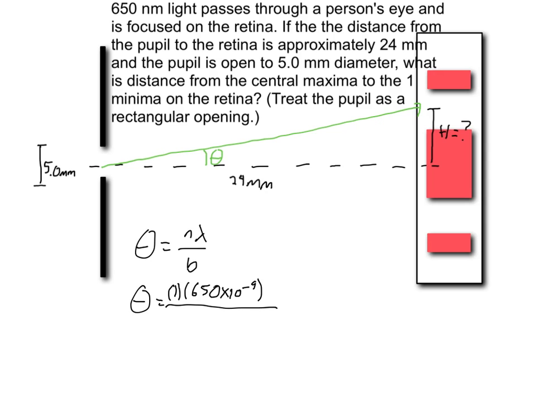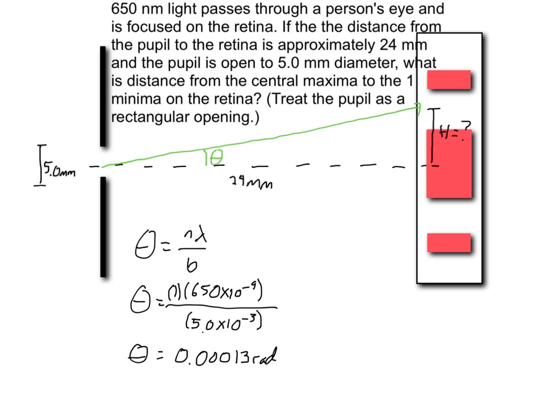If you're reporting in scientific notation, you need to make sure it's in proper scientific notation. Millimeters, 5.0 times 10 to the negative third because of the milli part there. And whenever I plug that into my calculator, remember we use the small angle approximation, I come out with 0.00013 radians. Now that I have the angle, I can actually set up the tangent.